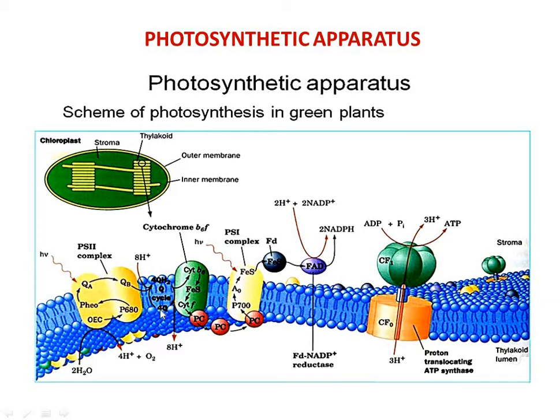After the reduction, the quinone is reduced into dihydroquinone, and again the electrons are accepted by cytochrome B6. So cytochrome B6 reduction takes place, then again oxidation, and the electrons are donated to the FeS, an iron sulfur protein present in the cytochrome B6 complex.